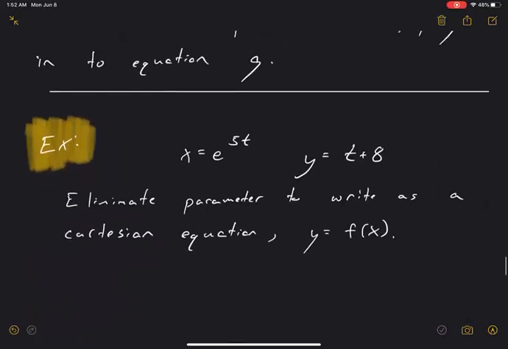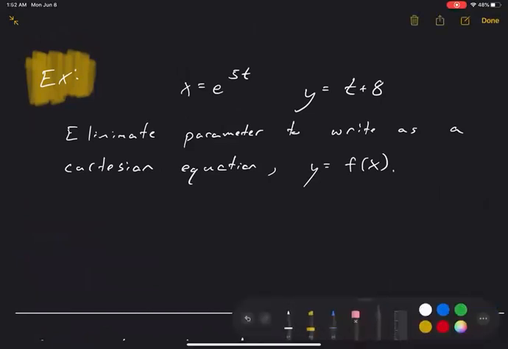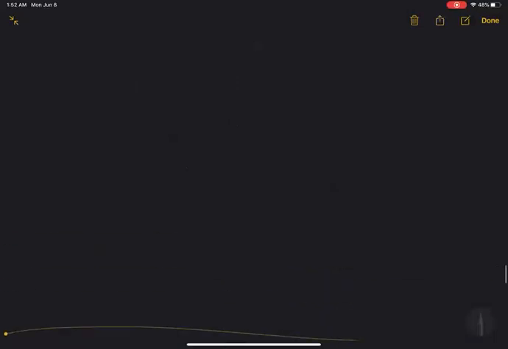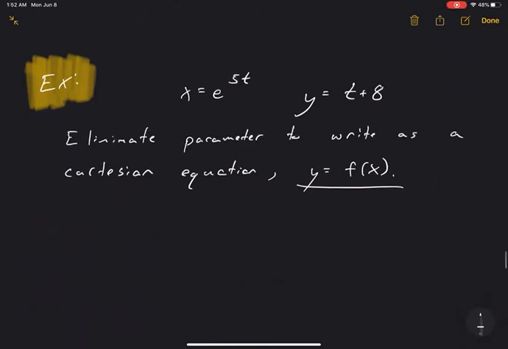So let's try it. It might be a little weird to think about abstractly, so let's just try it. Let's say I have x equals e to the power of 5t and y equals t plus 8. And I would like to write this as y equals a function of x.